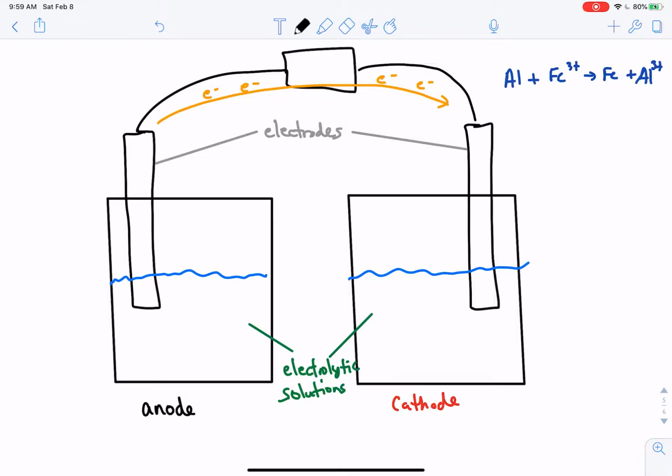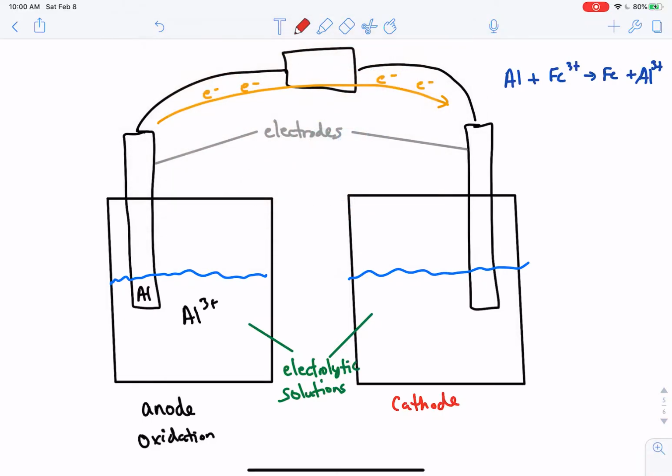Why? Because Al is losing electrons, and what happens at the anode? Oxidation, right. So the anode is oxidation, and you should be looking for the species that oxidizes: Al and Al3 plus floating in the solution. So that electrode will be made out of aluminum.